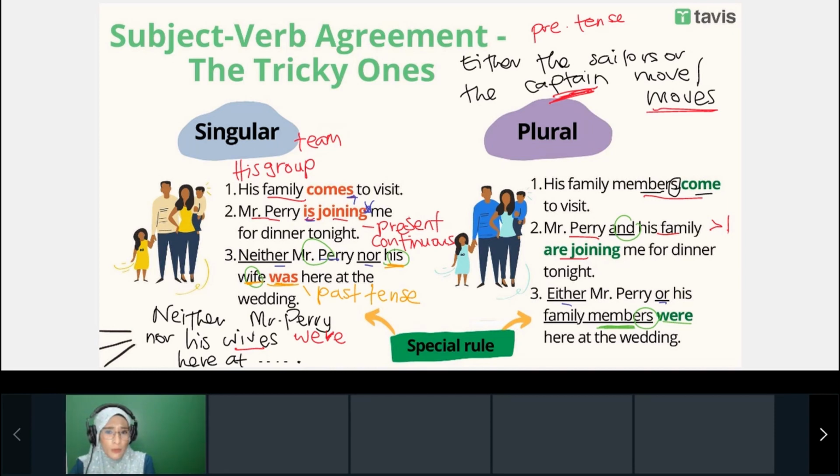Because the captain is only one, singular, and this is also singular. Okay. But what if it's the other way around? Right? What if it's the other way around? What if I have sailors? All right. Well, let me just rub this off.